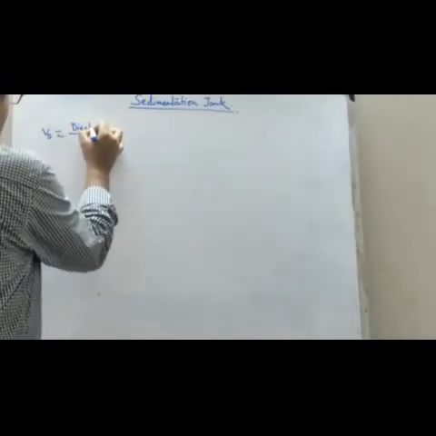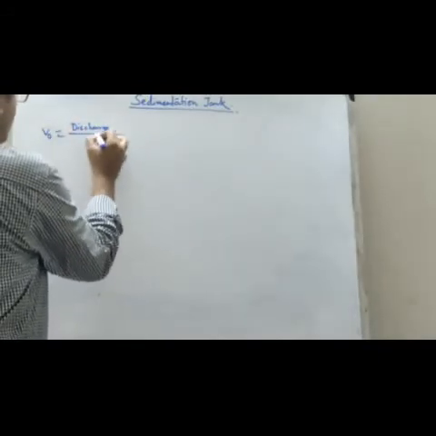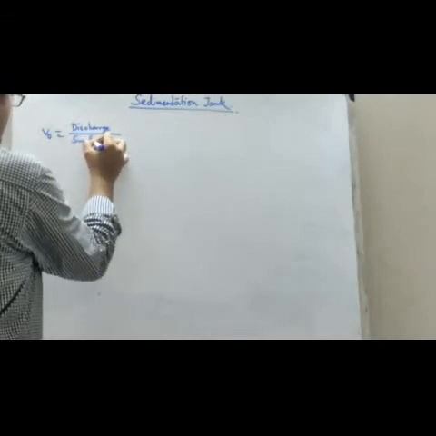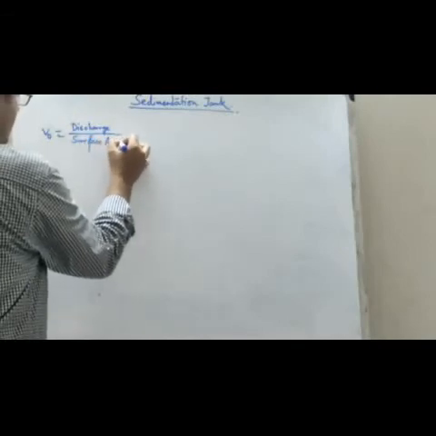So V0 means discharge by surface area. And what is discharge?